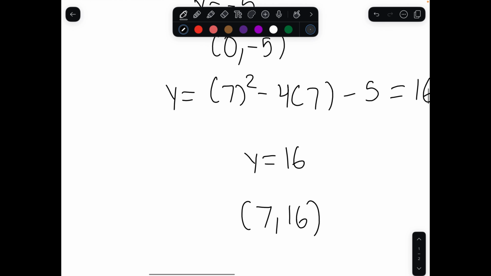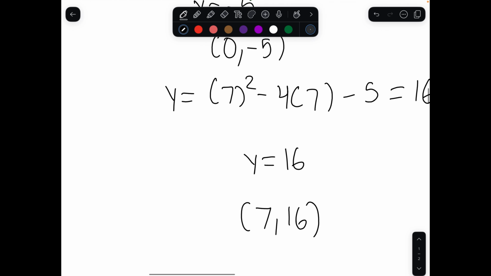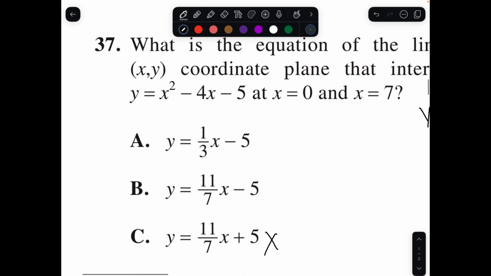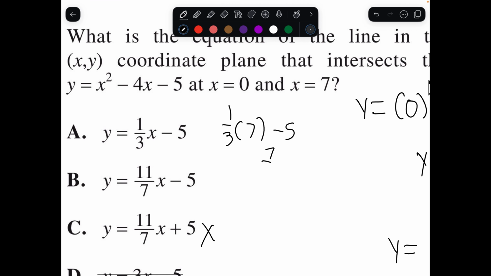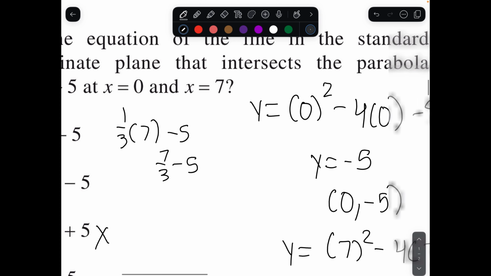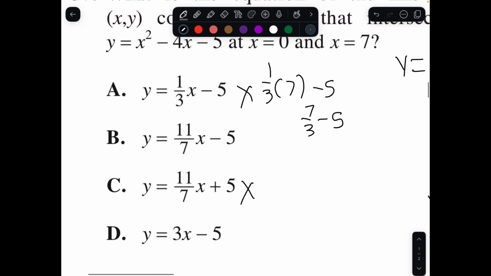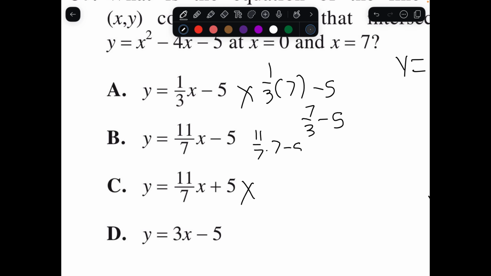Now let's test for 7 comma 16. If I plug in 7 into the first one, it's 1/3 times 7 minus 5. 7/3 minus 5, that is not 16. So A is out. Let's test B now. 11/7 times 7 minus 5, that is 6, right?